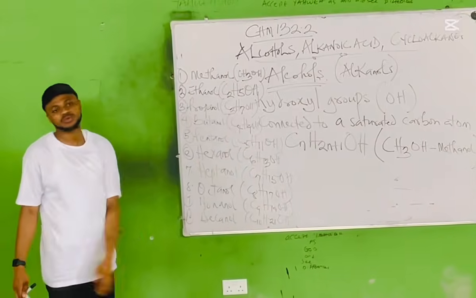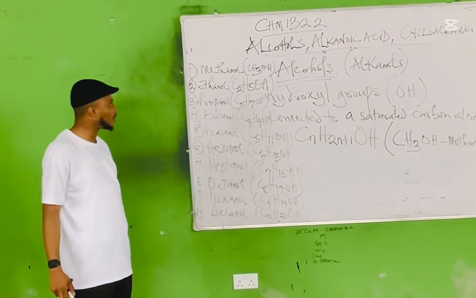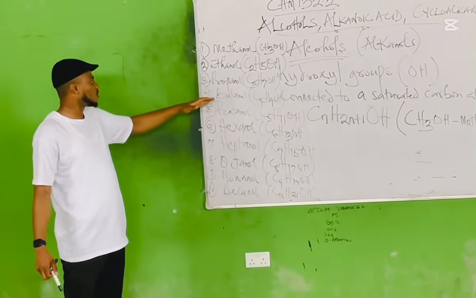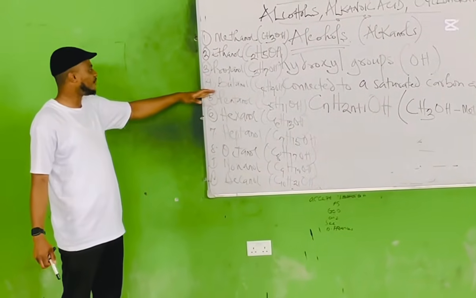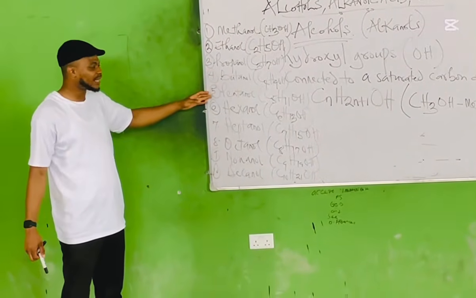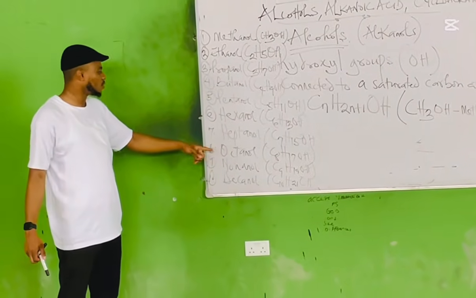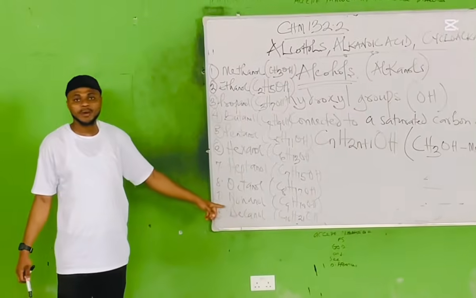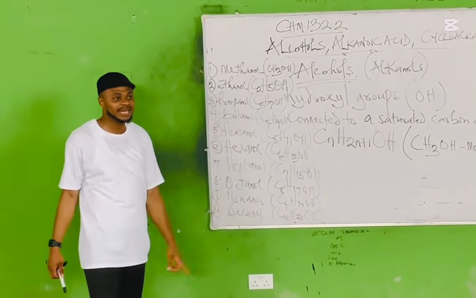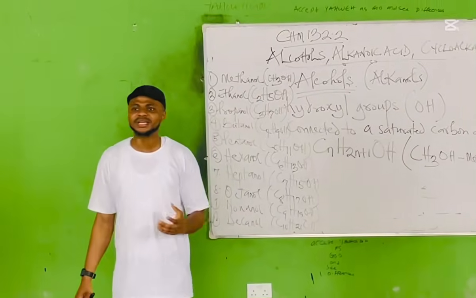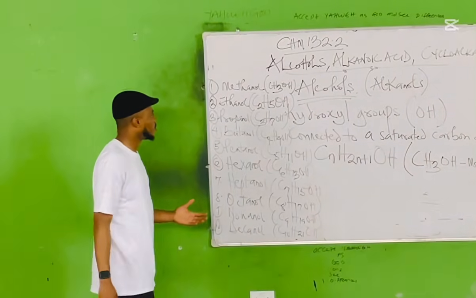So these are the first 10 members of the alkanol series, or we can say these are the first 10 alcohols. We have methanol, ethanol, propanol, butanol, pentanol, hexanol, heptanol, octanol, nonanol, and decanol. So basically, it is increasing with an increase in carbon atoms.